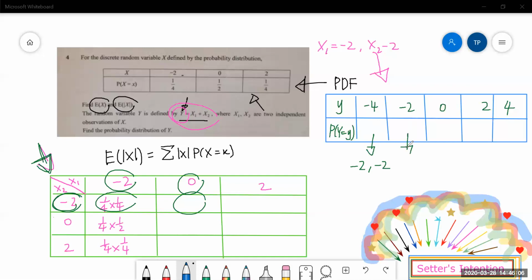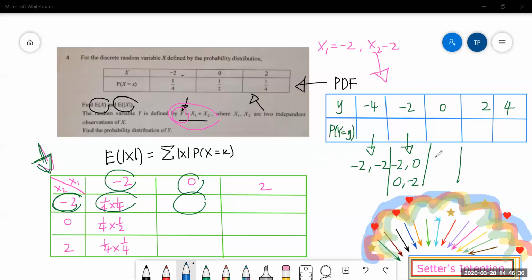But for -2, there are 2. For -2, it'll be x1 -2 and x2 0, or it can be x1 0 and x2 -2. Make sense? Yep. So over here we need to times 2.